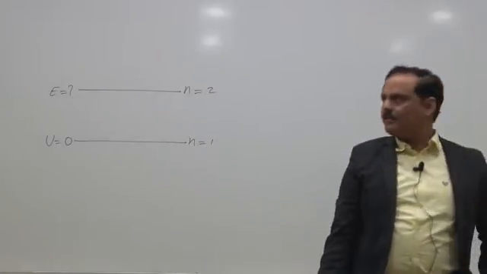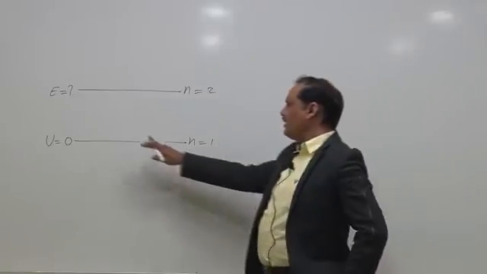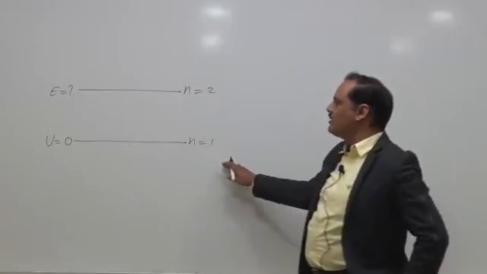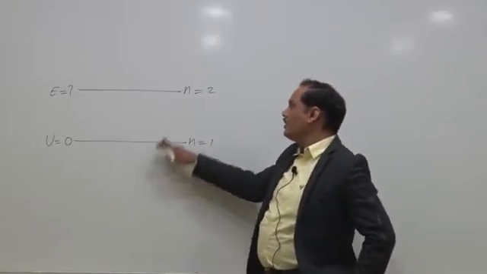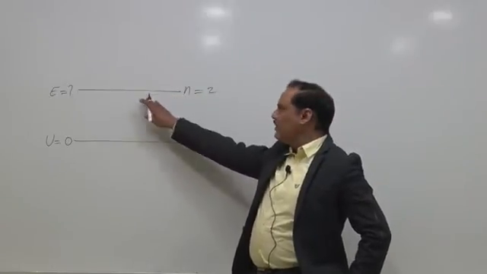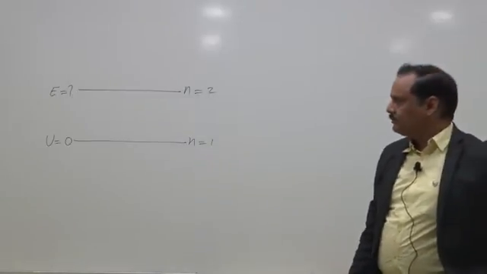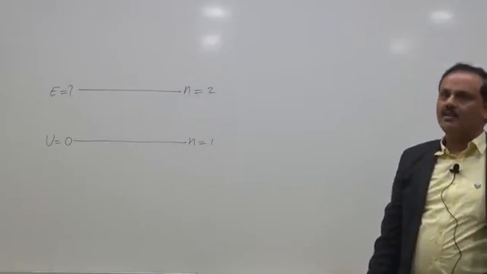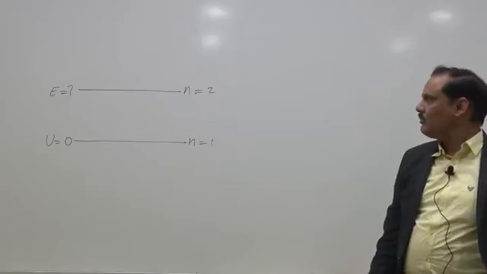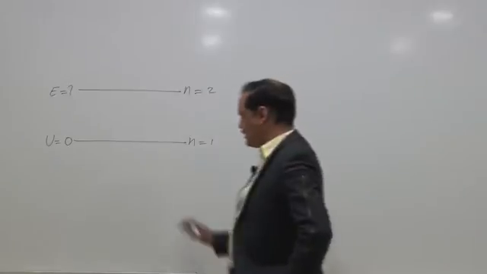The question is, if potential energy in ground state of the hydrogen atom is taken to be 0, then what will be the total energy in first excited state of the hydrogen atom? Is it clear? Now let us see how to solve this particular question.